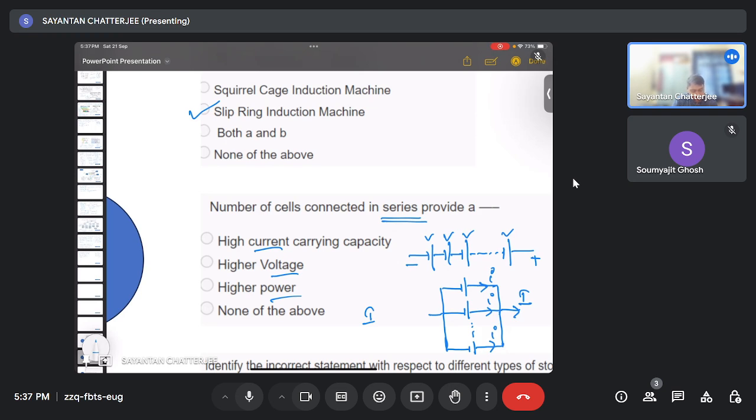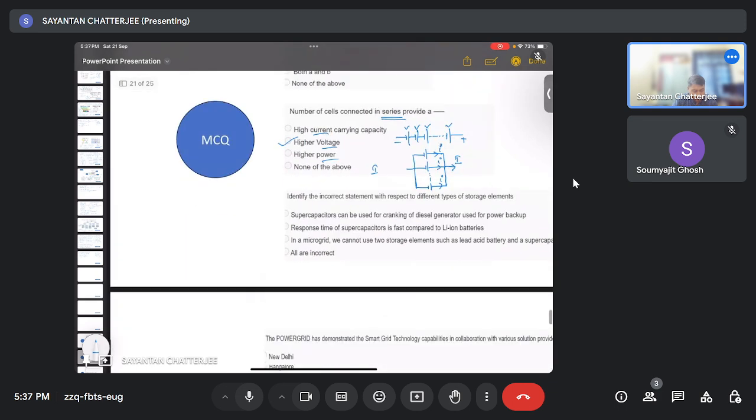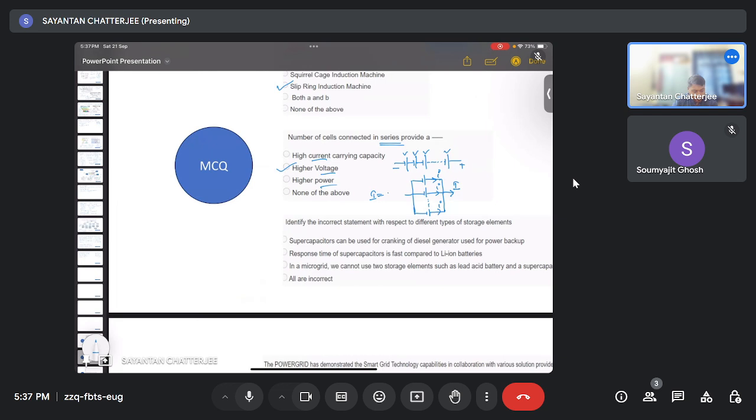So here, with series, higher voltage for n number of cells.